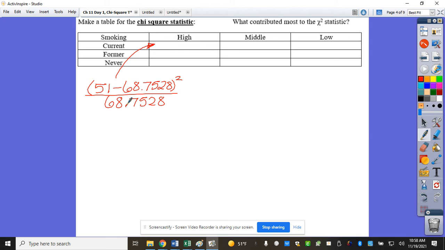Alright, so I'm going to give you one cell to do. So this row, your high current, high former, high never, middle current, middle former, middle never, low current, low former, and then I'll write the last one.